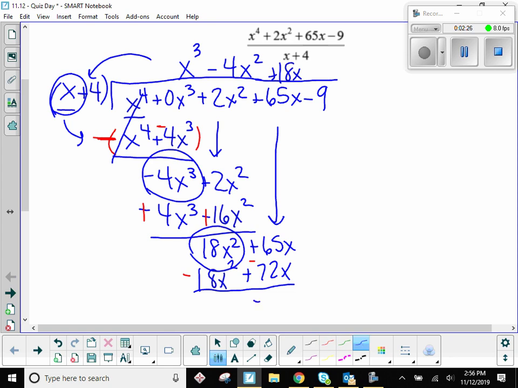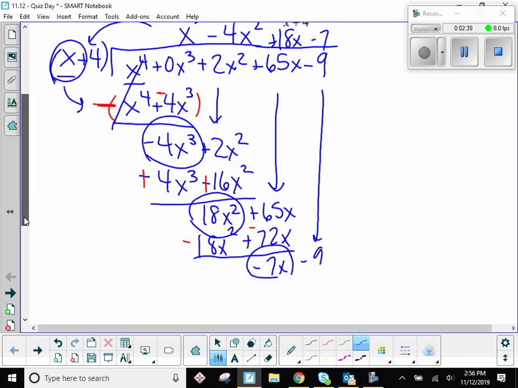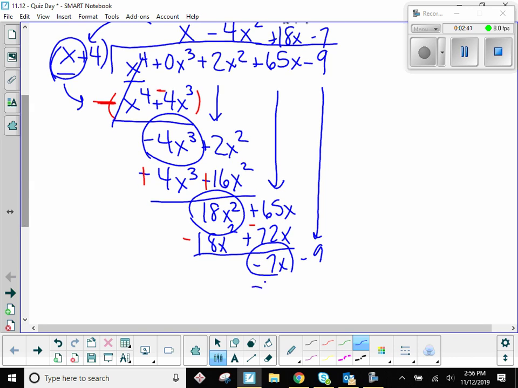That is negative 7x. Bring down the negative 9. Negative 7x divided by x, negative 7. Multiplied by the divisor is negative 7x minus 28. Change the signs, and that gives you a remainder of 19.